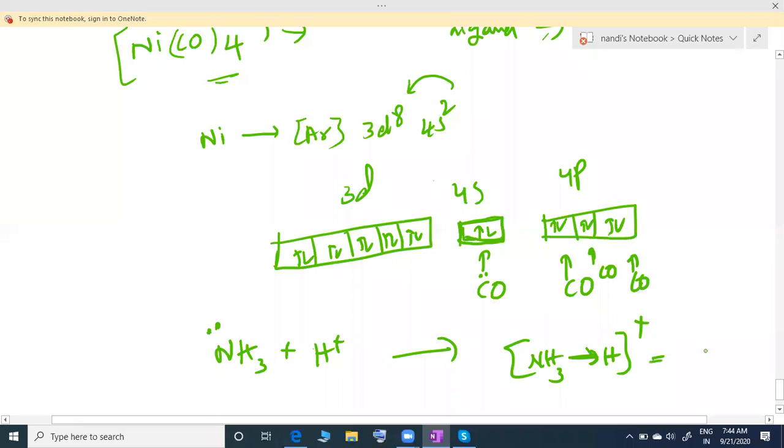So indirectly, in this bond, N and H, all the 4 hydrogens are sharing electrons. Then overall is NH4 plus. Clear. After bond formation, you can't identify which hydrogen forms the coordinate covalent bond. So you see these are coordinate covalent bonds, because one donates, then after donating both are sharing.